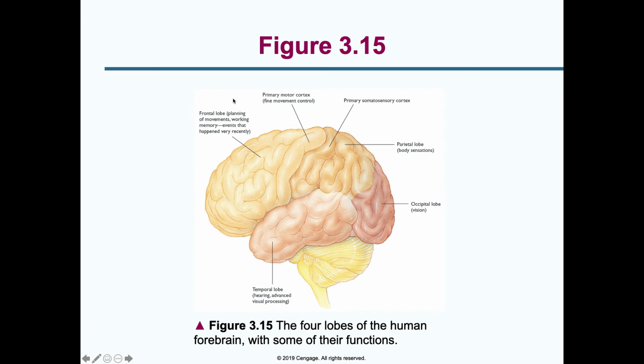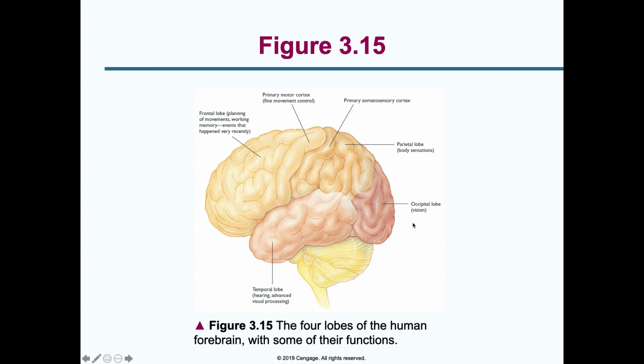We have the frontal lobe, and in this area of the brain, that is where memory happens. That is where the planning of how we're going to move happens, are we going to walk, are we going to run, how are our legs moving, and our ideas about events that recently happened take place there. That's working memory. And then you have the parietal lobe, which is the body sensations, your feelings, the sensory part of how you feel about things.